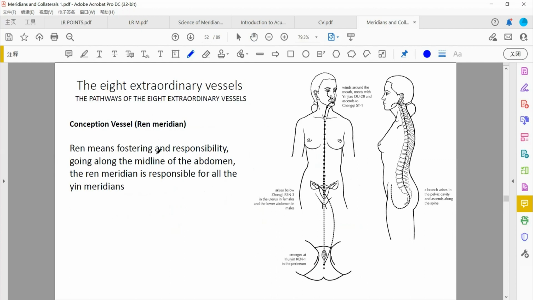Ren means fostering and responsibility, going along the midline of the abdomen. The Ren meridian is responsible for all the yin meridians. That means the conception vessel, Ren meridian, CV, is a yin meridian, and it's responsible for all the other yin meridians.